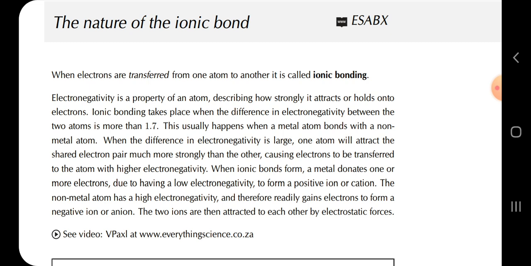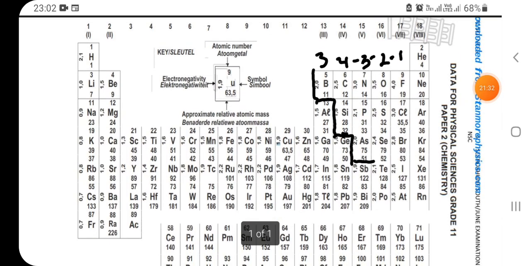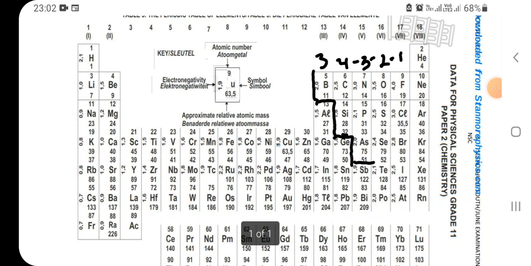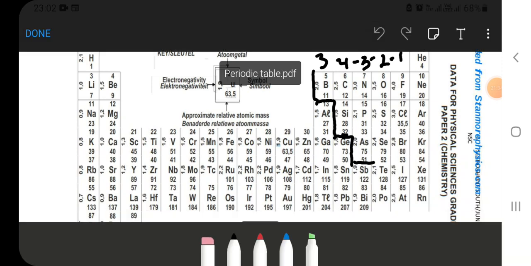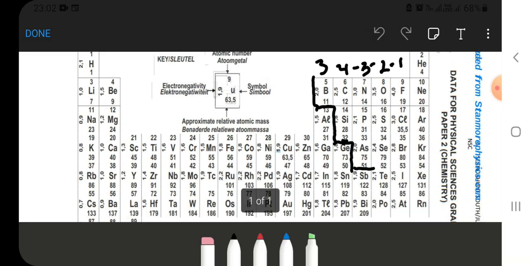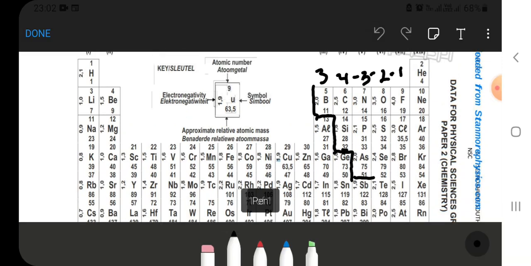So what is electronegativity? It is this smaller number on the periodic table, this one. Let's take the electronegativity of magnesium as 1.2, and the electronegativity of fluorine as 4.0.